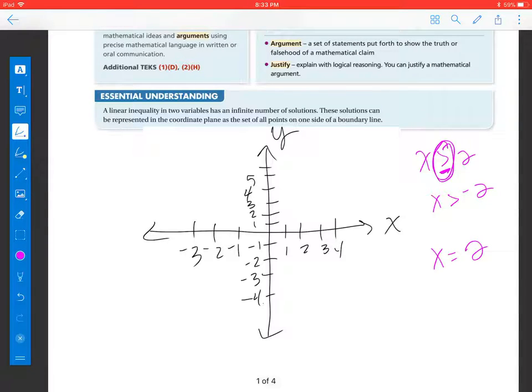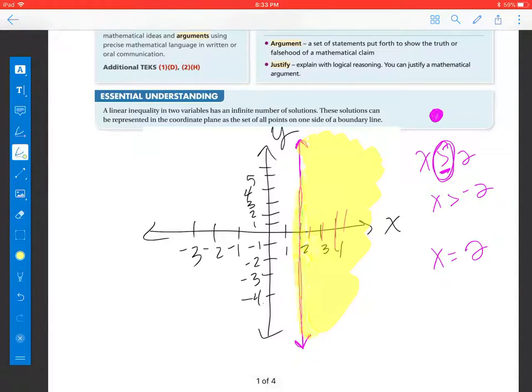This symbol means it can equal that value, so instead of using a circle as on a number line, we draw a vertical line at 2, and it's going to be solid. That lets us know it includes that value. But now we want all the values that are included, because x can be 2.5, it can be 3, it can be 4, it can be 4.5. All of those values are true.